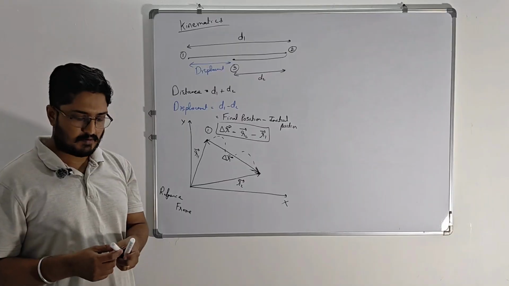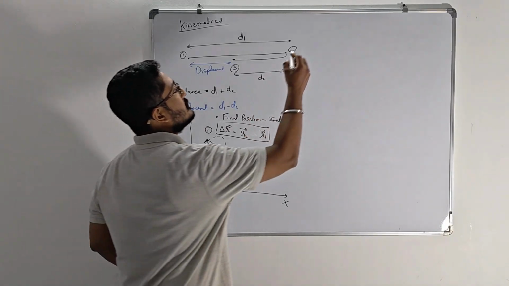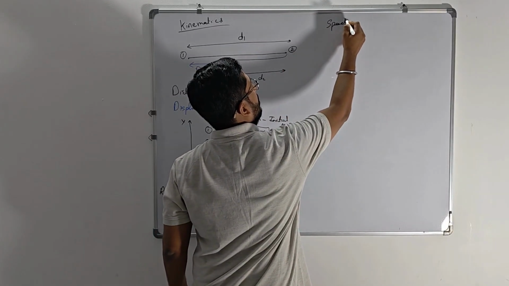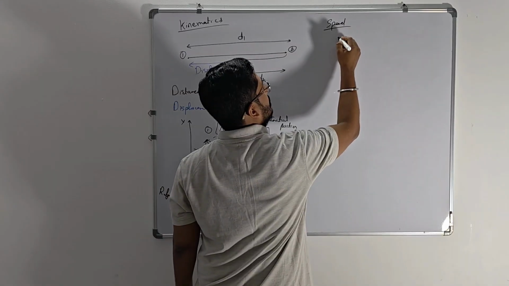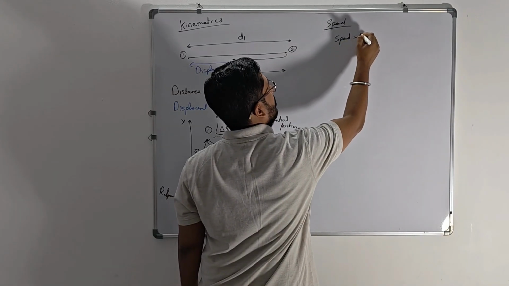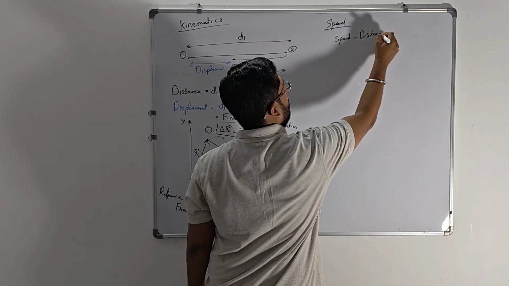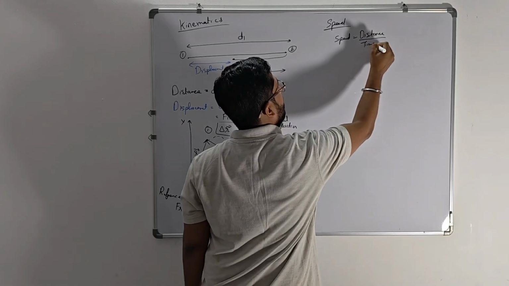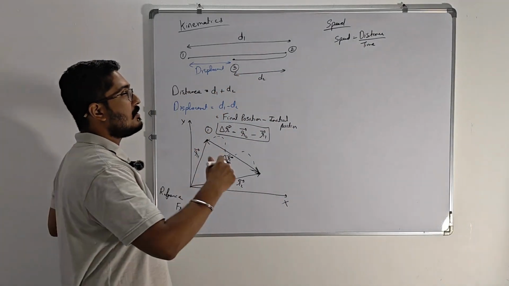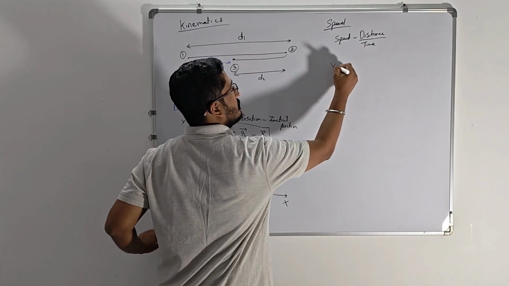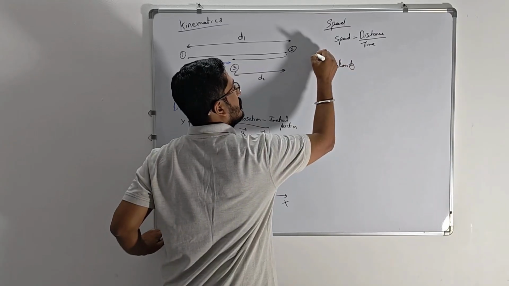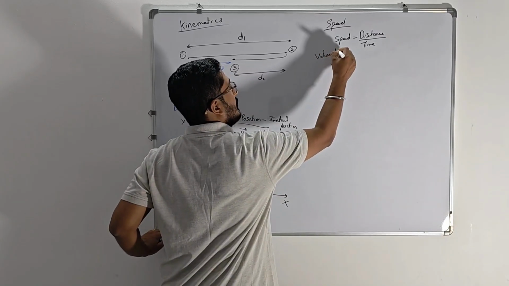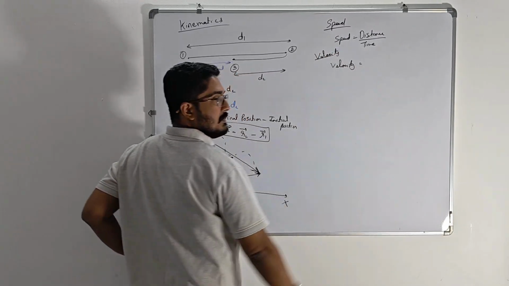Okay, so in a simple way, if I have to show, I can say that speed is equal to distance covered by time taken. Okay, and velocity can be written as displacement covered.